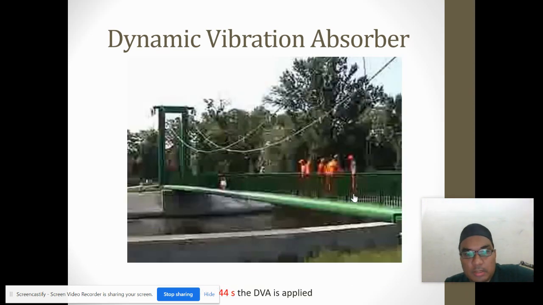Before that, let's see an example of how the DVA can contribute to the reduction of vibration. In this situation there's a bridge, and people jump on the bridge and cause a resonance. When the DVA is installed, the vibration will be stabilized.